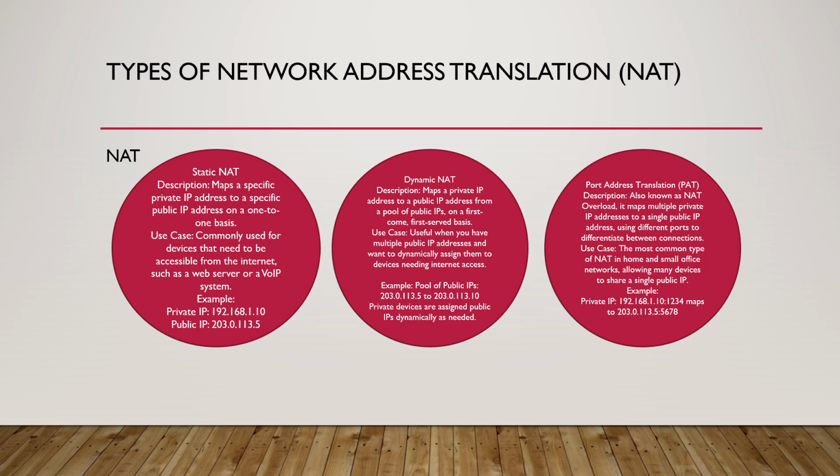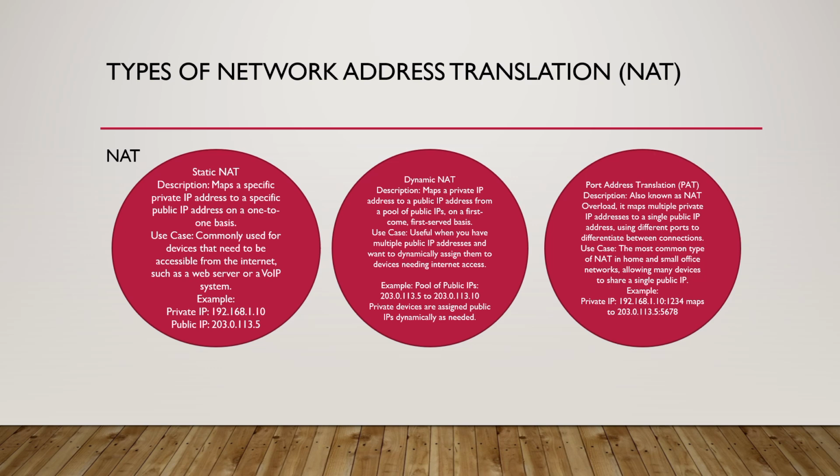This use case is commonly used for devices that need to be accessible from the internet, such as a web server or a VoIP system. In the example of static NAT, the private IP is 192.168.1.10 and the public IP is 203.0.113.5.